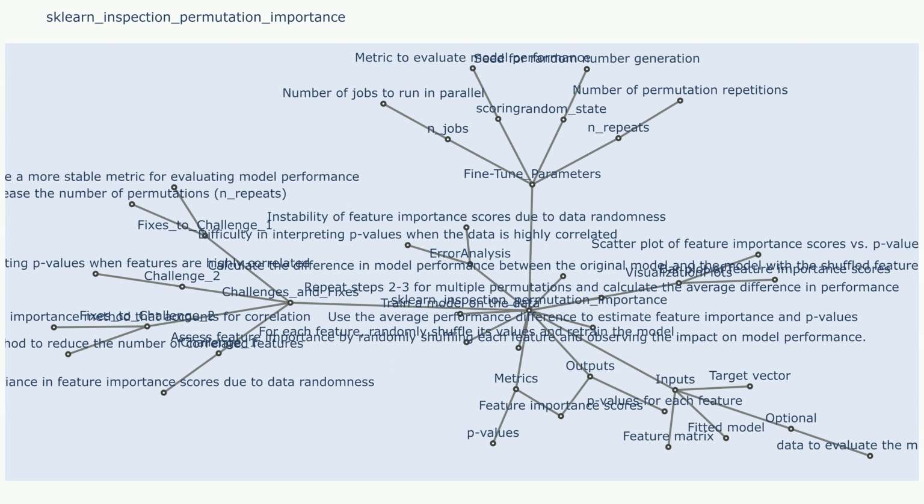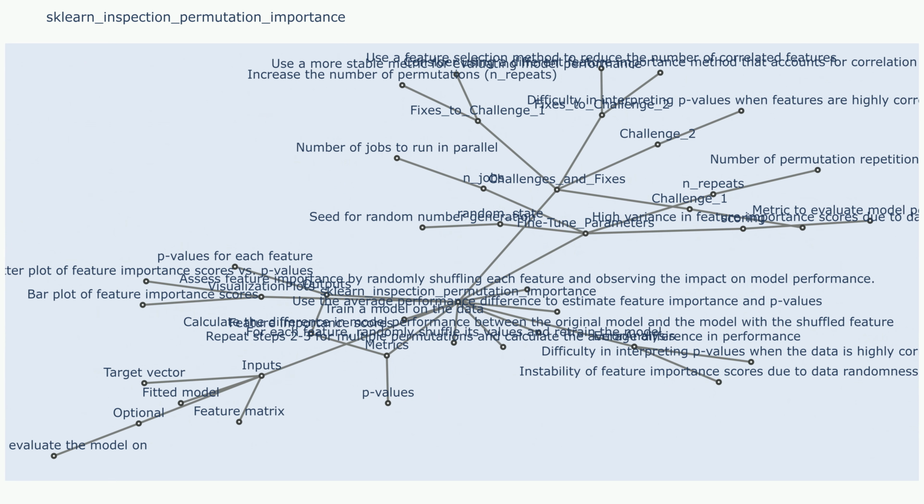Steps. Step 1. Shuffle feature. For each feature, the values are randomly shuffled or permuted while keeping other features unchanged. Step 2. Evaluate model. The model is evaluated using the scoring function on the dataset with the permuted feature. Step 3. Calculate importance.